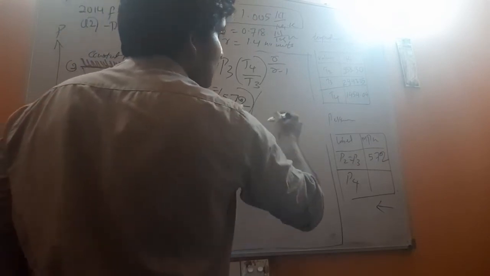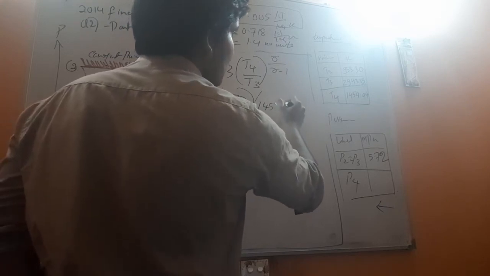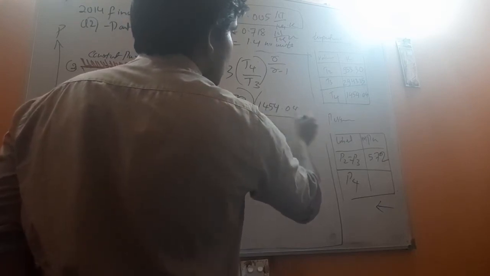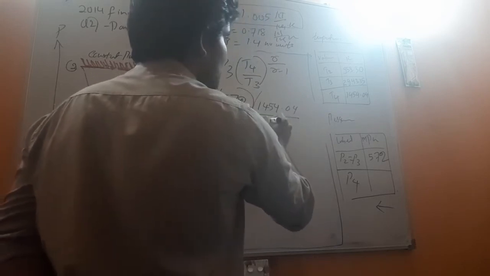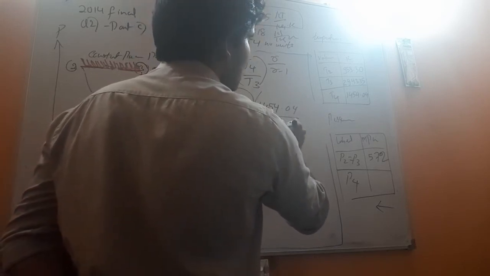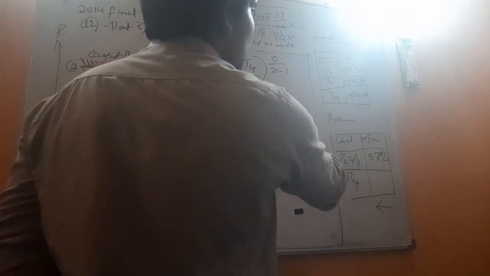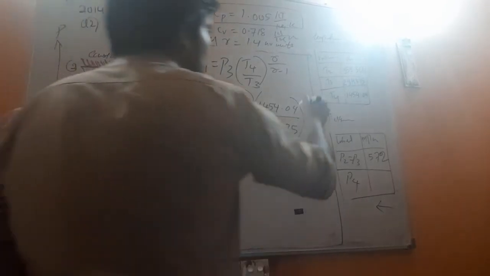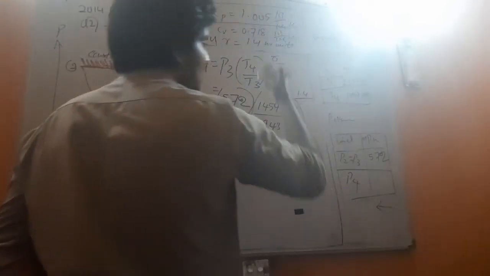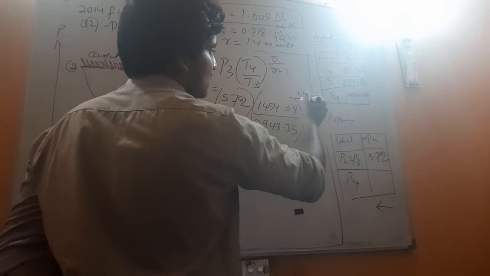What is T4? 1454.04 divided by T3, which is 2943.35, to the power gamma over gamma minus 1, meaning 1.4 divided by 0.4.